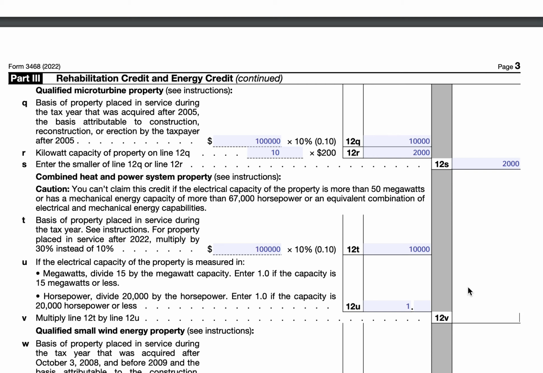If you're using megawatts, you would divide 15 by the megawatt capacity. So if you have a property that's 30 megawatts, then you would put in 0.5. If this property was placed into service after 2022, multiply by 30%. If we're in tax year 2023, then we'll put in that 30%.